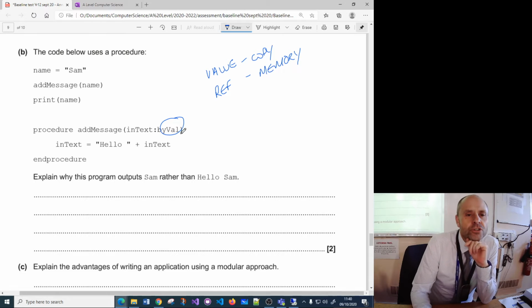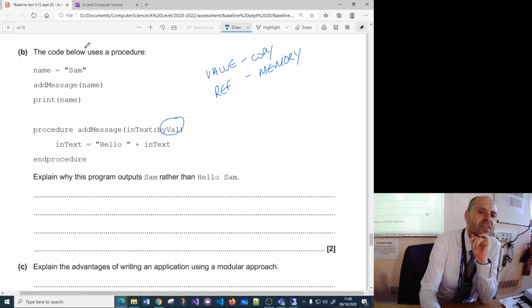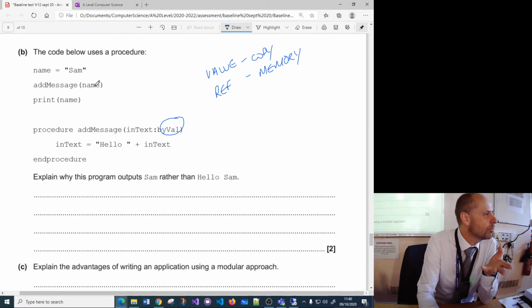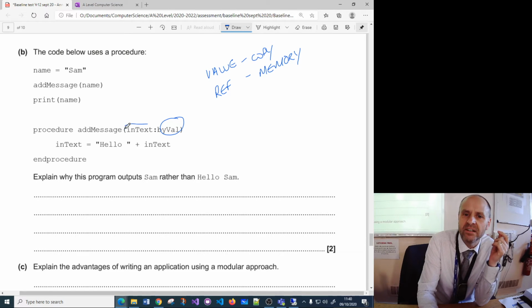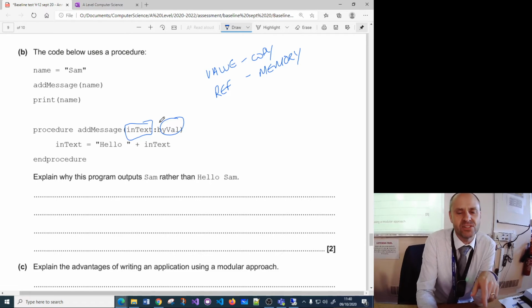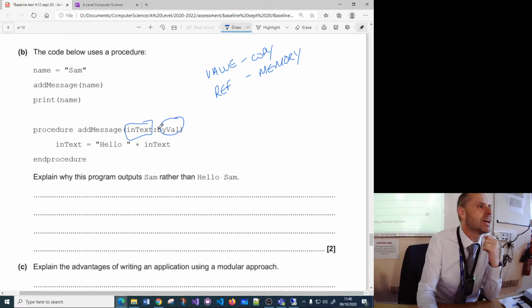Just because we've got this doesn't mean it affects anything else. Name is a copy when it's sent. So the name given here is just what AddMessage refers to that piece of data it's got.